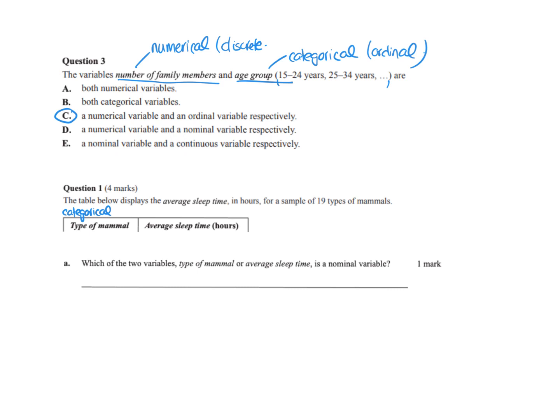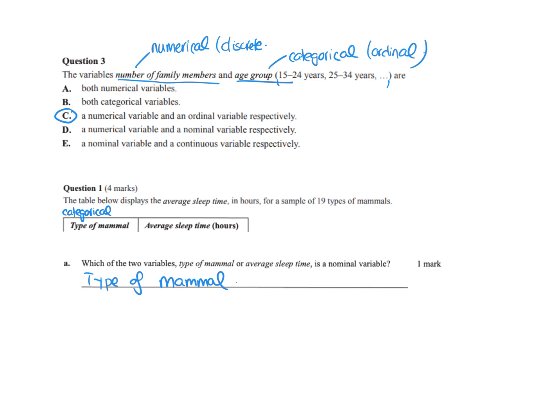So it says which of these 2 variables, type of mammal or average sleep, is a nominal variable. So we already know that would be the type of animal, yeah? Because nominal is a categorical one. So type of mammal.